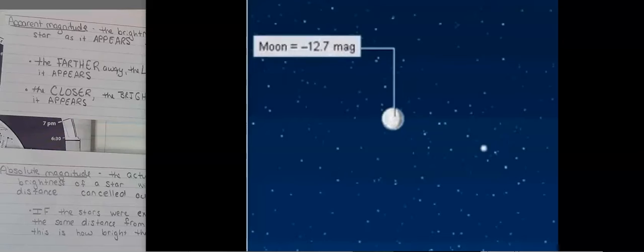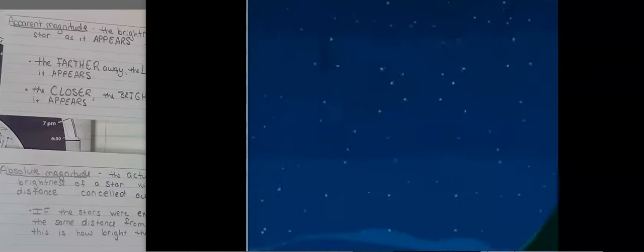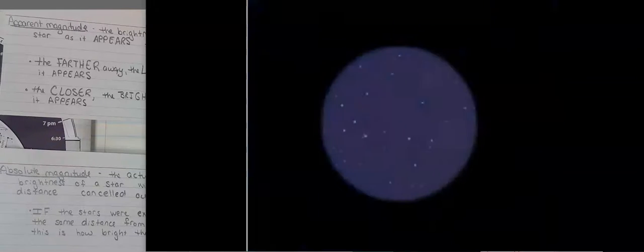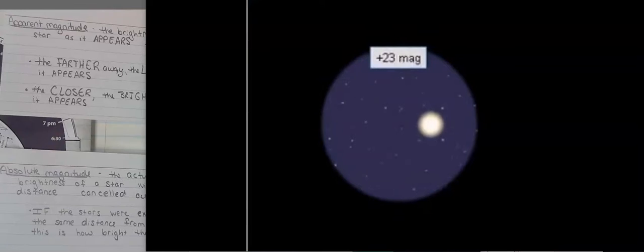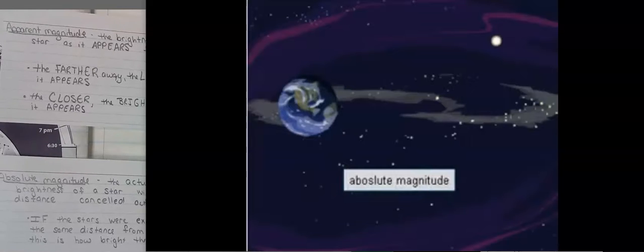The brightest star in the sky, Sirius, has an apparent magnitude of about -1.4 mag, while the best telescopes enable us to observe objects with apparent magnitude of as much as +23 mag. Since the apparent magnitude depends on the distance of a star from the Earth, and not only on the amount of radiation which is emitted by the star, a quantity known as the absolute magnitude is also used.